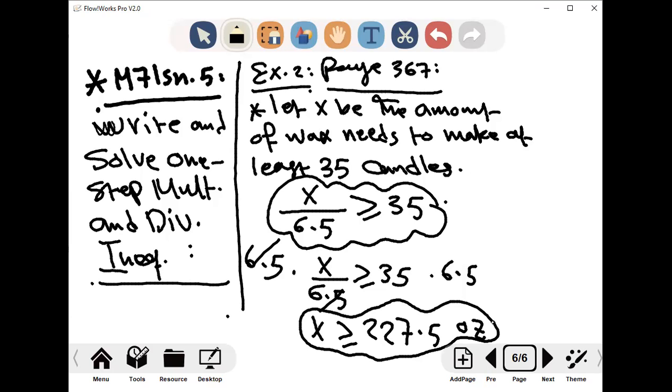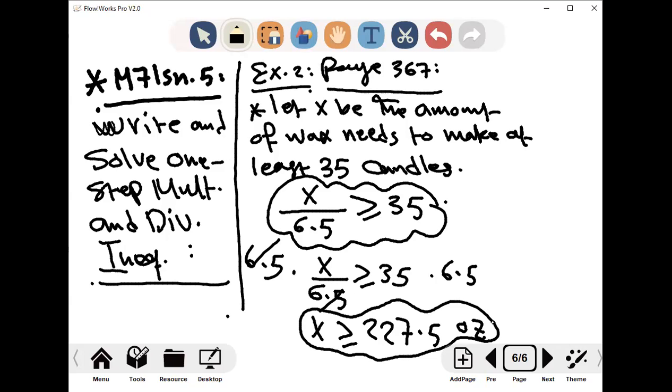focus. If she bought 225, for example, can she make 35 candles? No, she will make less than 35, which is not wanted in the question. Got it? But if she bought exactly 227.5, she will get exactly 35. You understand?